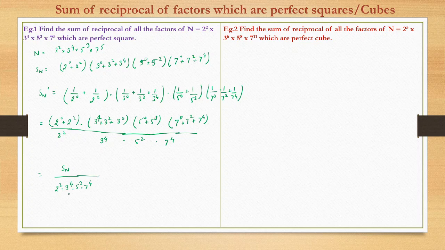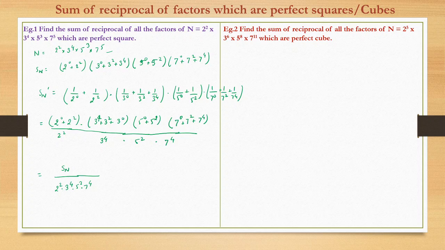In this case, note that this is not the same as the number itself. The number has different powers, but the denominator is same as Sn, where Sn represents the sum of the factors which are perfect square, right? So this way we can calculate such questions.